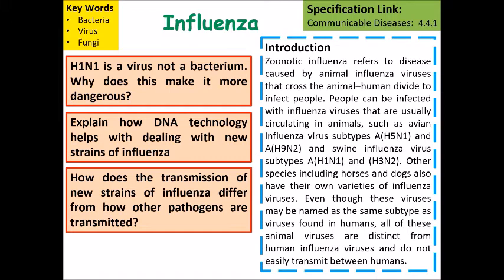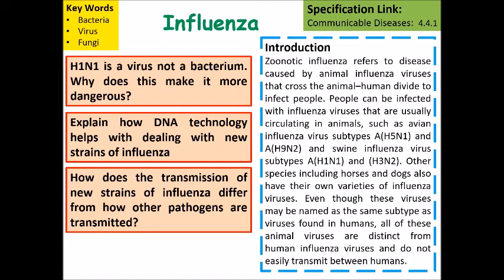People can be infected with influenza viruses that are usually circulating in animal populations, such as avian influenza, which splits into subtypes H5N1 and H9N2, and swine influenza virus, which splits into the subtypes H1N1 and H3N2.